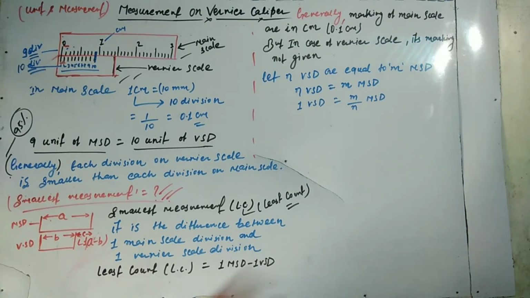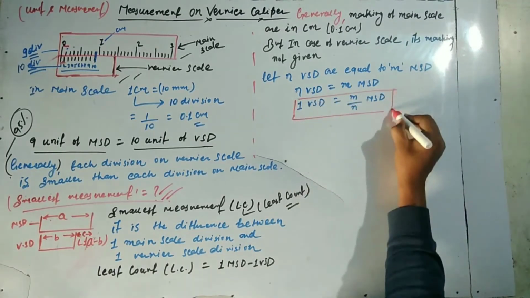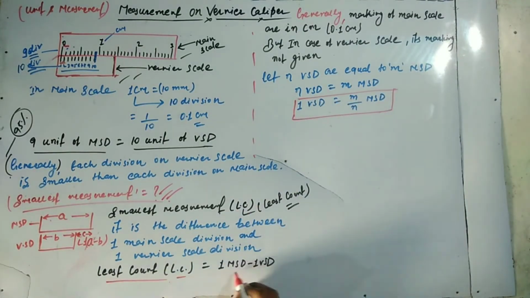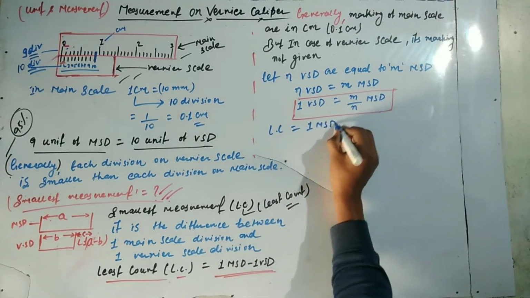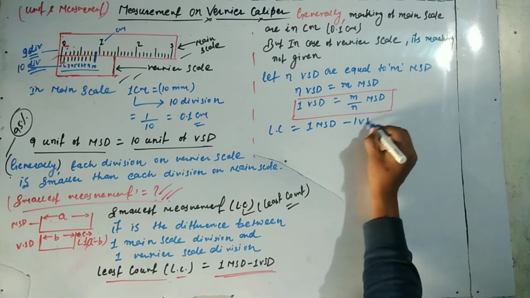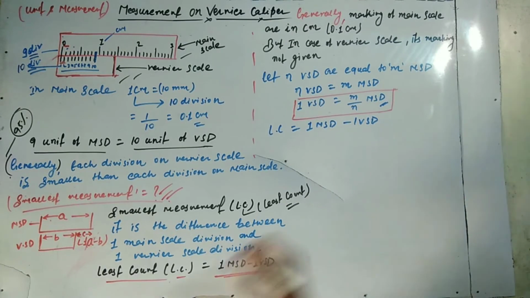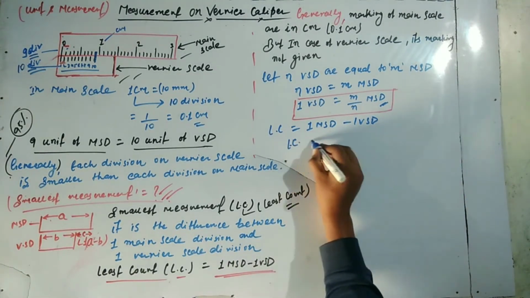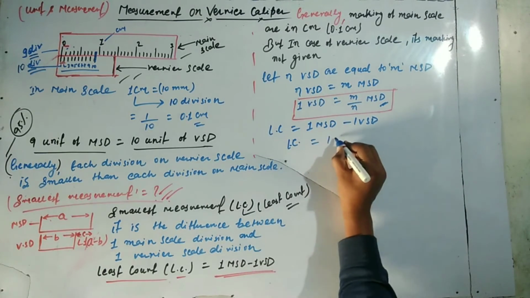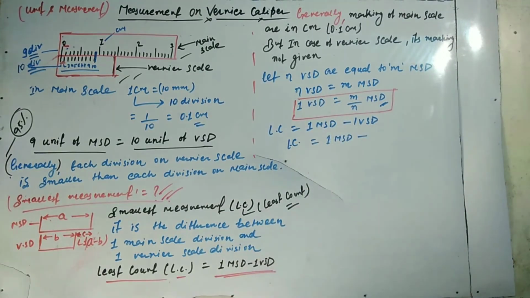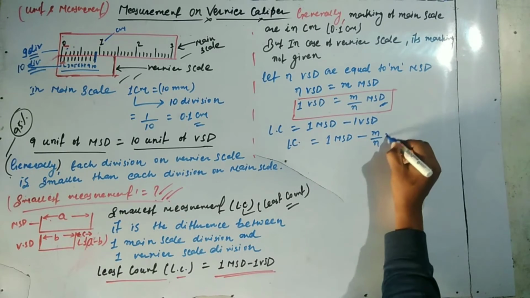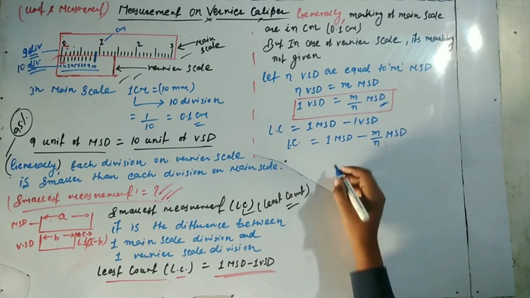In case of least count, the least count is equal to 1 MSD minus 1 VSD. So we put the value of 1 VSD. Therefore least count is equal to 1 MSD minus M by N MSD.